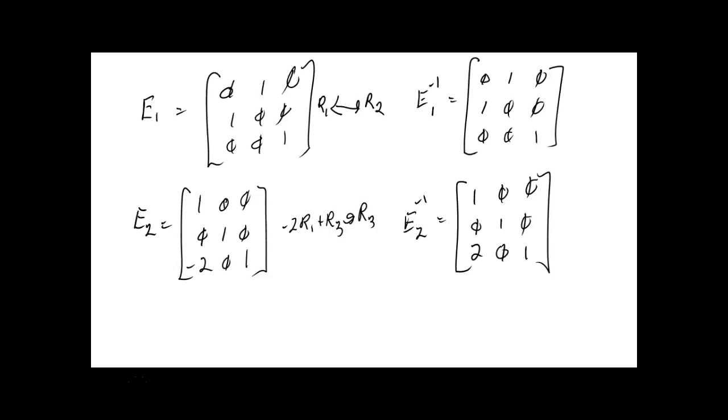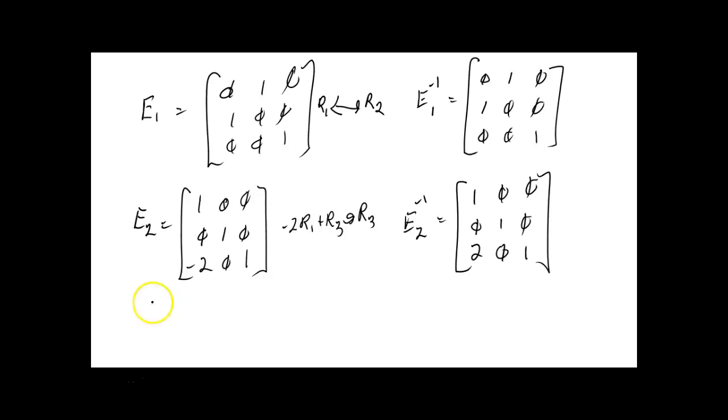So in general, anytime you multiply any row by a non-zero element and add it to another row, to get its inverse you would multiply the same row by the opposite, the additive inverse, and add it to the same row, because that way you'll get that.